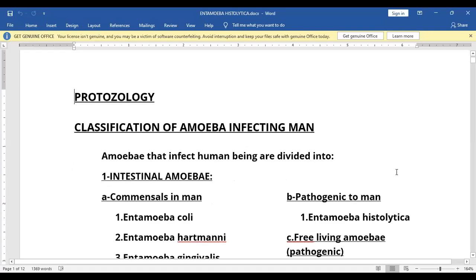Amongst the parasites which you studied till date, Entamoeba histolytica and Plasmodium are the two most important parasites on which you are going to get questions from this portion of parasitology. But when we talk about STDs, Trichomonas vaginalis is a very common question.